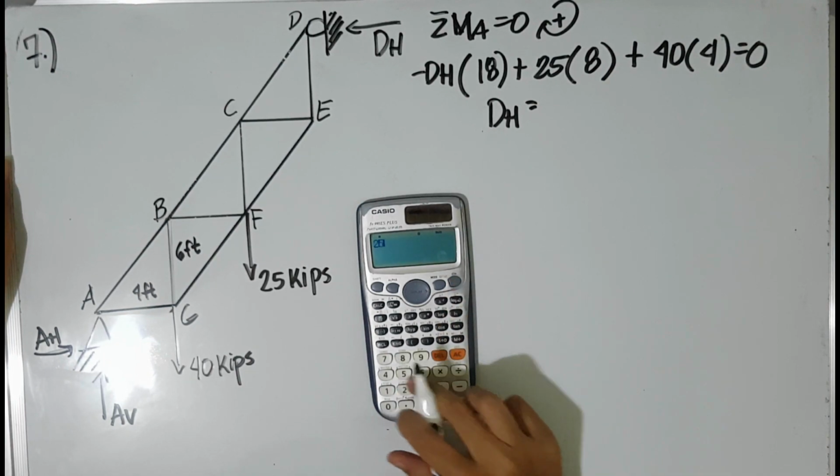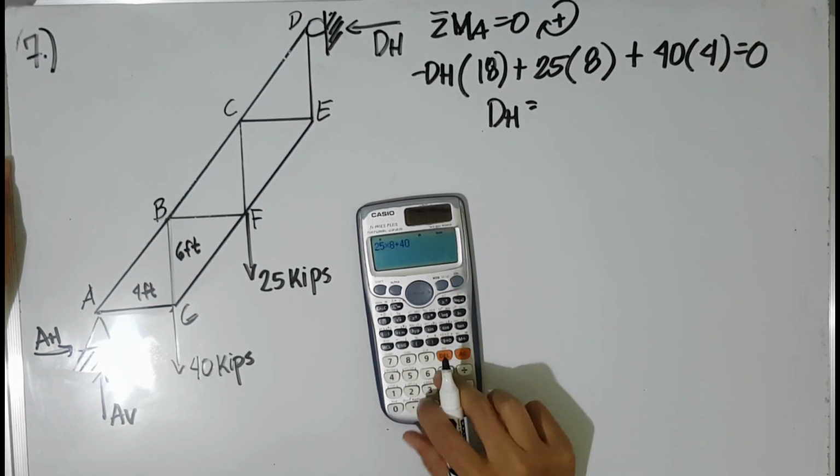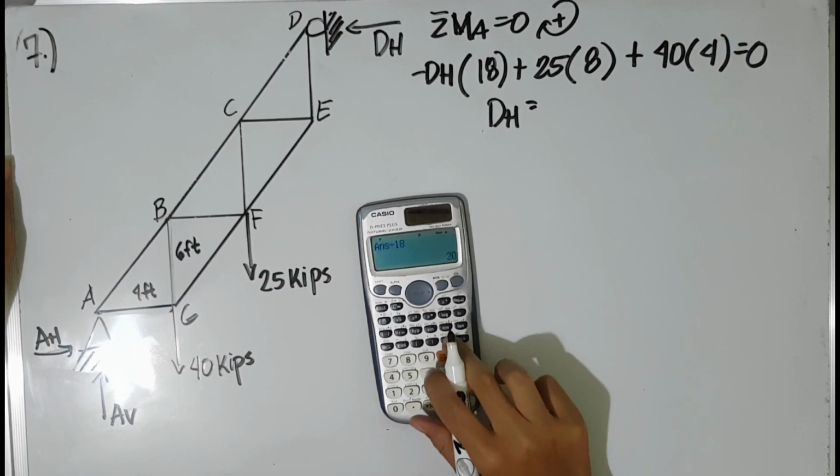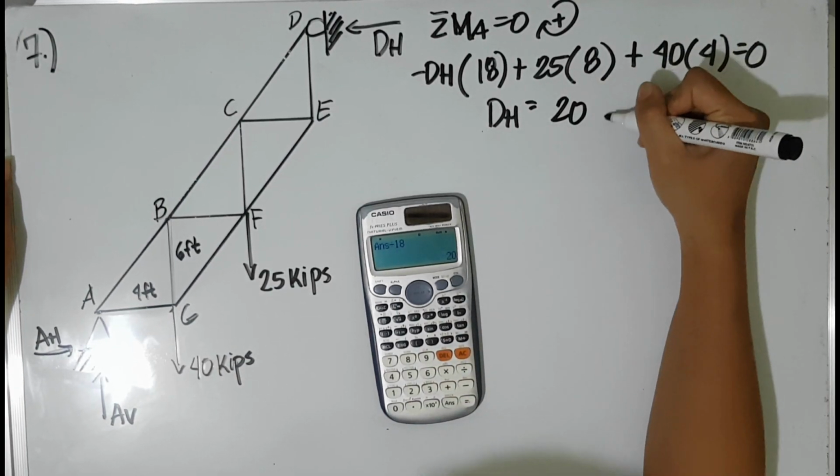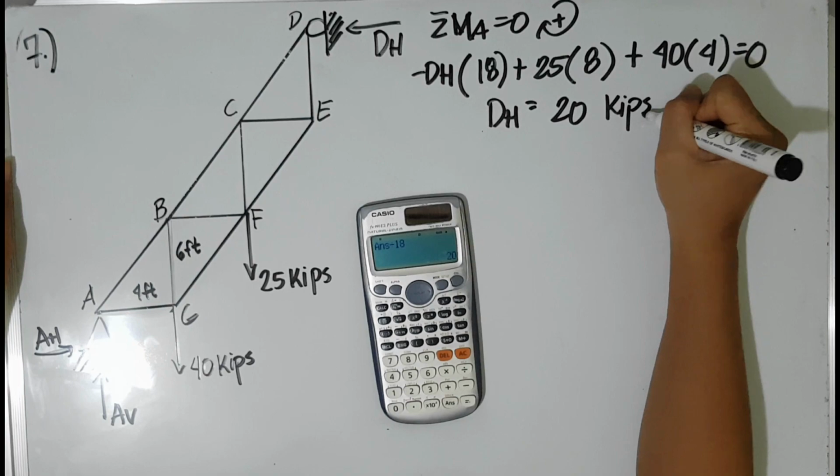Therefore, the force acting on support D is 20 kilopounds.